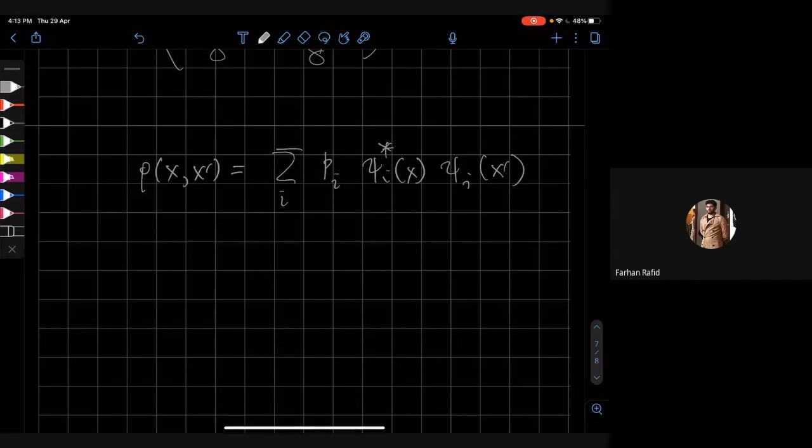We won't really be using that continuous version of it, but I just wanted to give it to you for completeness. Okay, before I move on, I actually have a few more things to say about density matrix, but hopefully you'll get more hands-on experience in the tutorial. Do you have any questions?